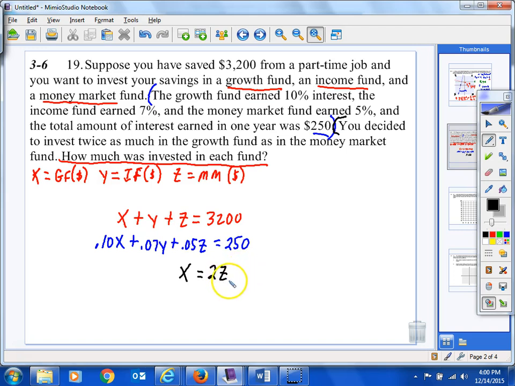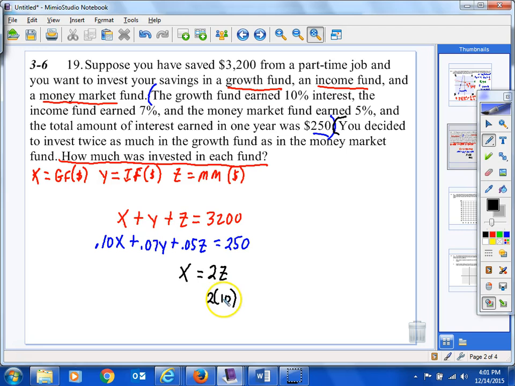So for example, just using some small numbers, just imagine for a second that you invested $10 in the money market. In other words, we're going to temporarily let the money market fund be $10.